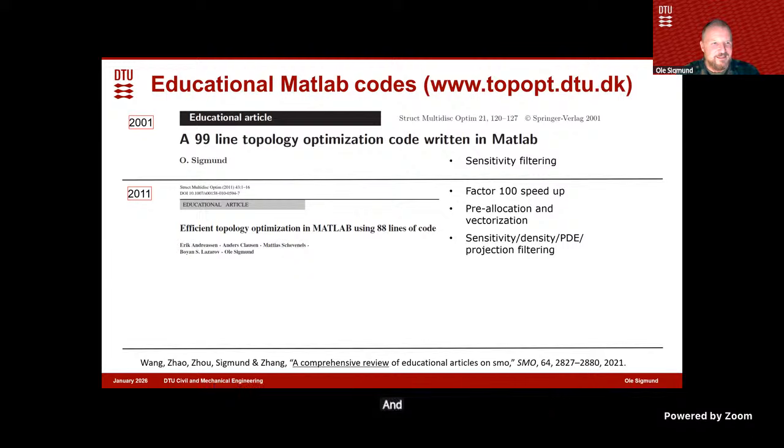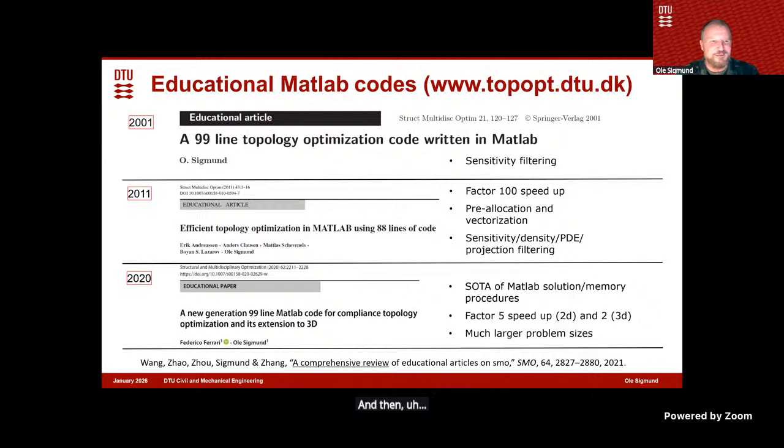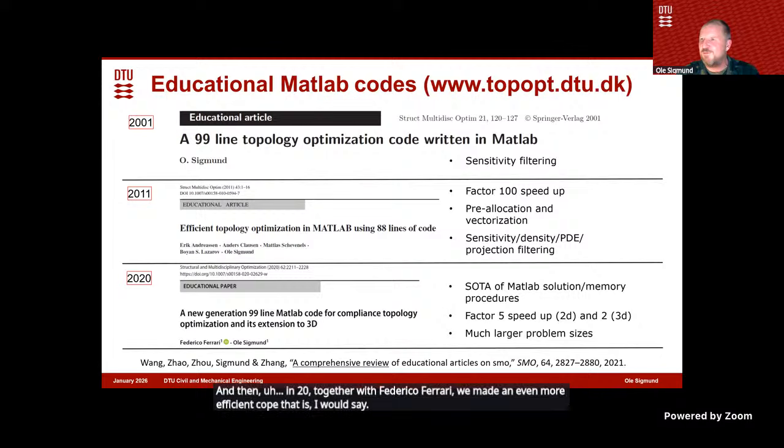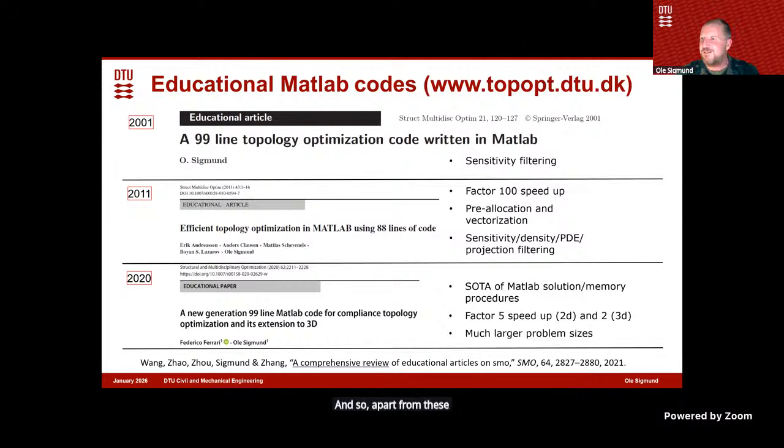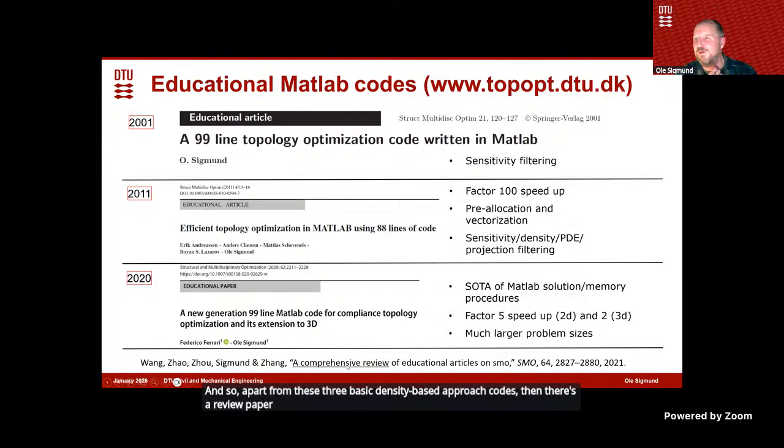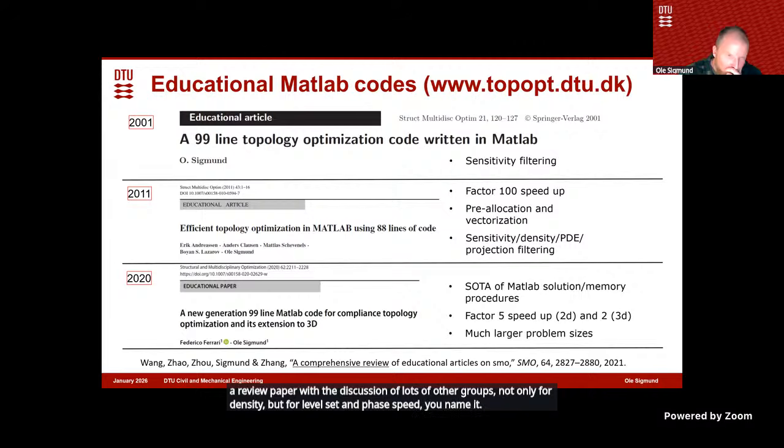And then, together with Federico Ferrari, we made an even more efficient code that is, I would say, even more for experts, but if you're going for speed, that's the way to go. And so apart from these three basic density-based approach codes, there's a review paper with discussion of lots of other codes, not only for density, but for level set and phase field, and you name it.